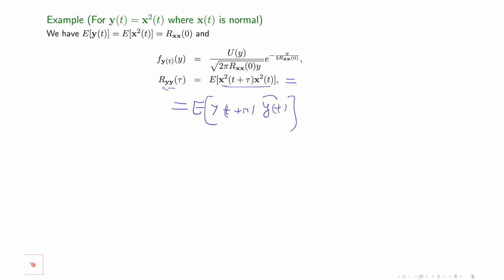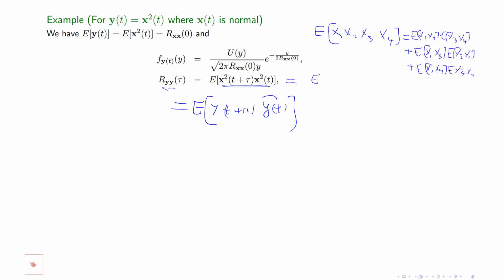So remember that if we say the mean of x1, x2, x3, x4 as 4 jointly normal random variables, it is always equal to the mean of x1, x2 times the mean of x3, x4, plus the mean of x1, x3 times the mean of x2, x4, and then plus the mean of x1, x4 times the mean of x2, x3.